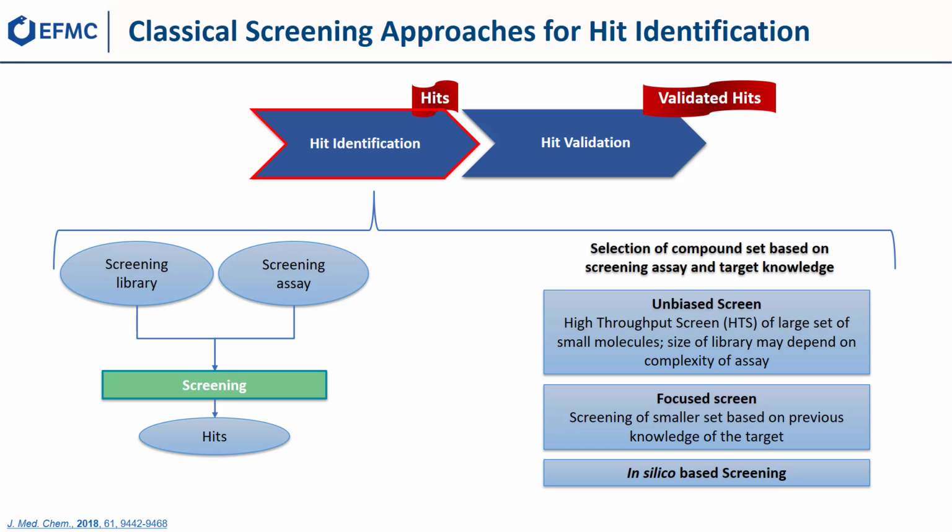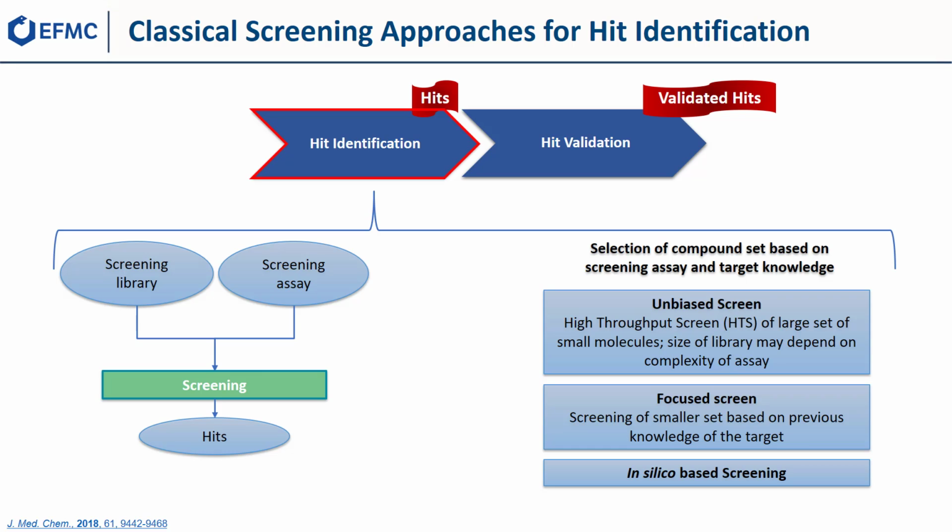Now, one important thing to consider when you talk about selection of compounds is that it's based on the screening assay itself and the knowledge you have on your target. So we can separate or classify the classical approaches into three buckets. First, the unbiased screen, which is the high throughput screen of a large set of small molecules.